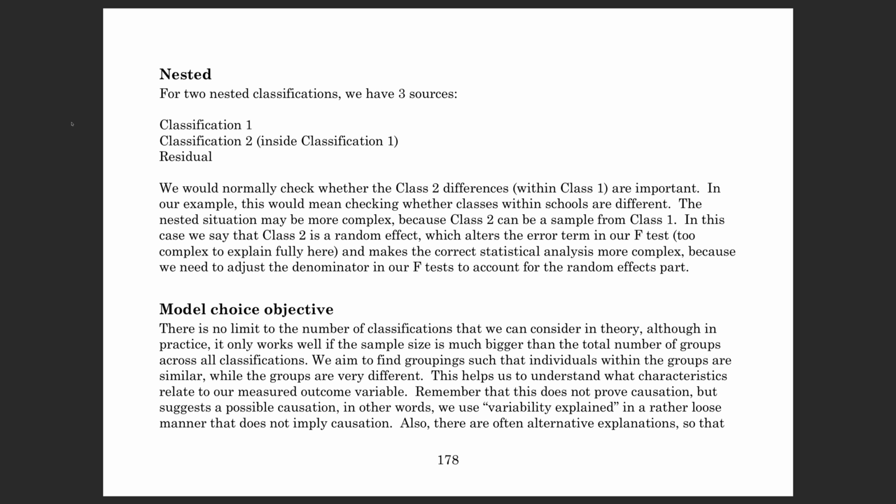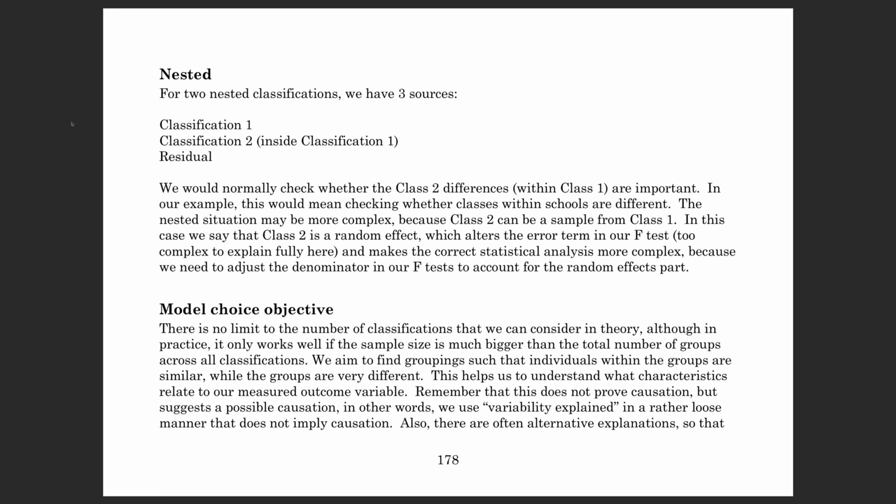So we would normally start out by checking whether the class differences within class 1 are important. In our example of schools and classes, that would mean checking whether classes within schools are different. Obviously, if they're not, then we can just look at school differences. We wouldn't have to worry about differences between classes within schools.